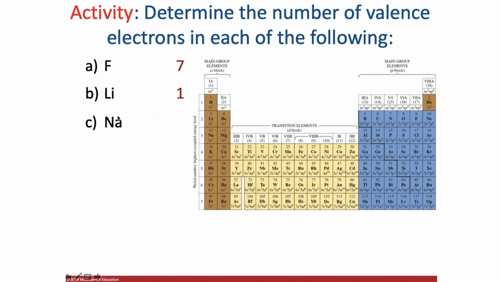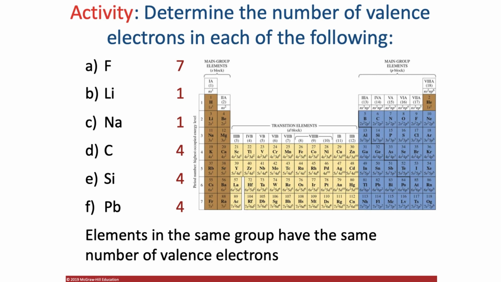Sodium also has 1 valence electron. Carbon has 4 valence electrons since it is in group 4, along with silicon having 4 valence electrons and lead having 4 valence electrons. So elements that are in the same group have the same number of valence electrons.